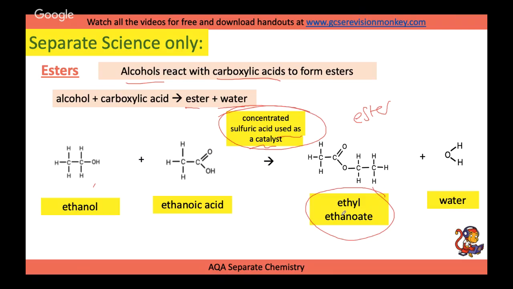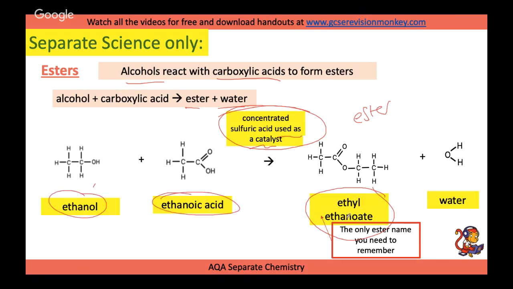This is the only ester that you will have to remember the name of, ethyl ethanoate, made from ethanol and ethanoic acid. You won't have to remember other ones apart from that. They may talk about them in the exam, but this is the only one that you would have to recall.